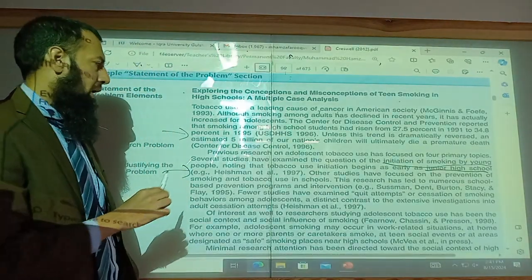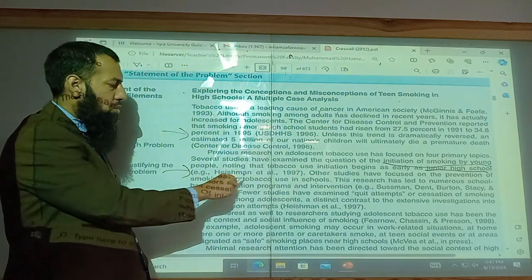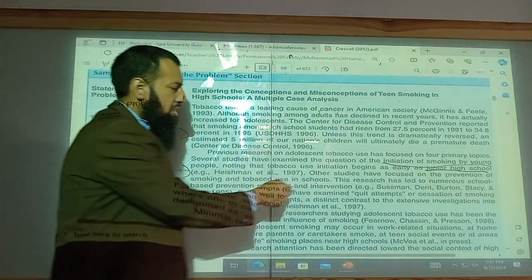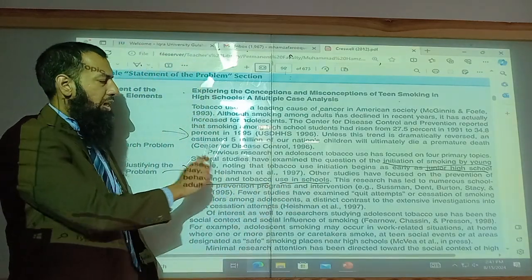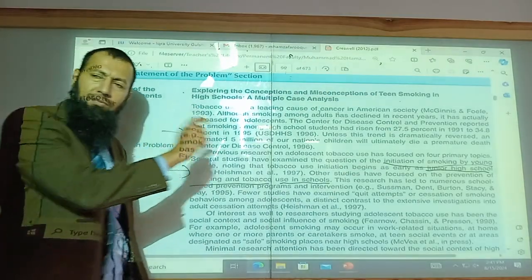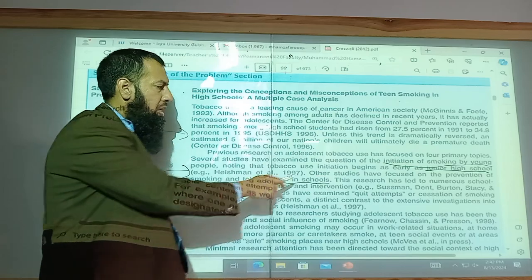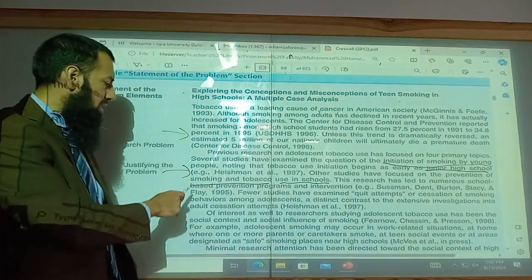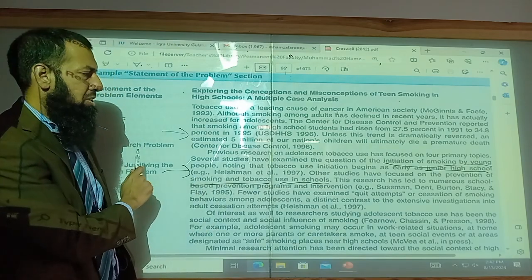Okay. Other studies have focused on prevention of smoking and tobacco use in schools. So one was focused on the junior high school and the other one is in schools. This research has led to numerous school-based prevention programs and interventions.